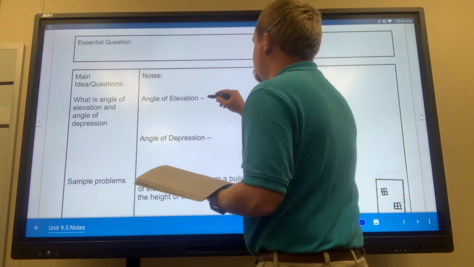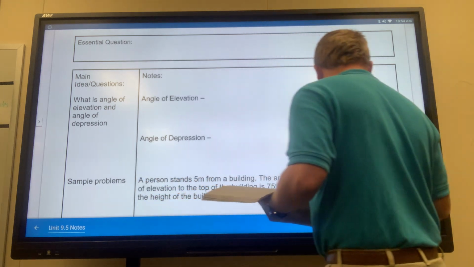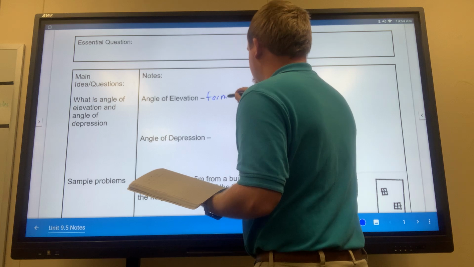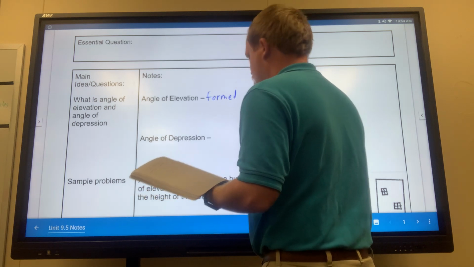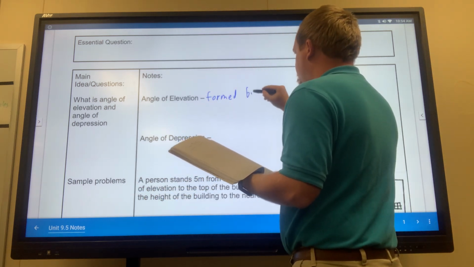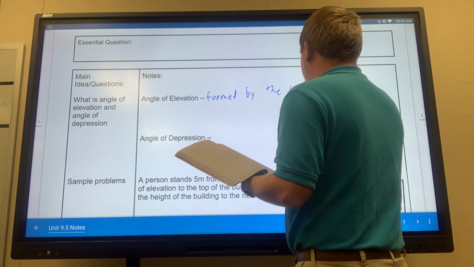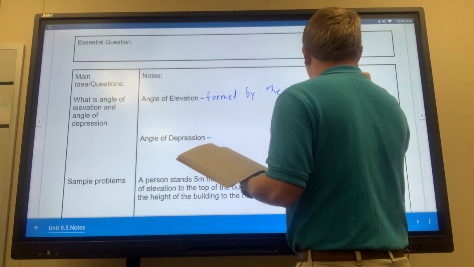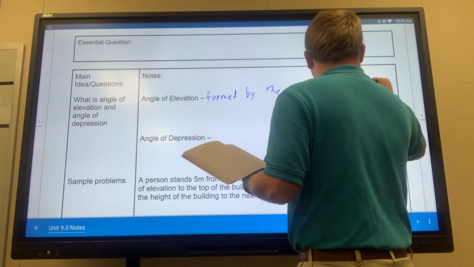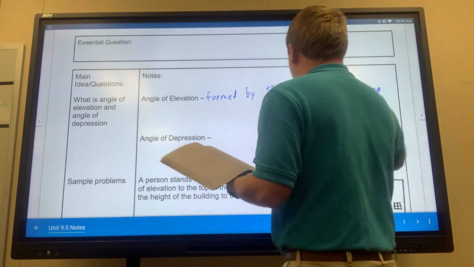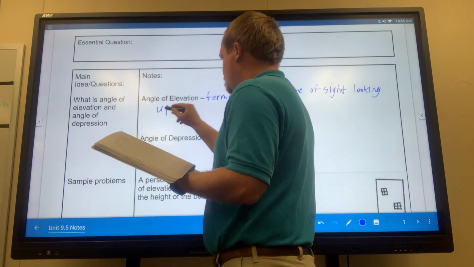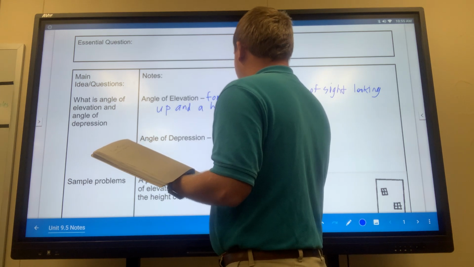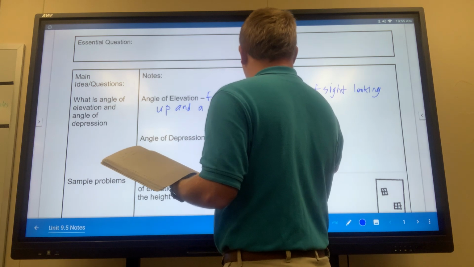Now, the angle of elevation is a pretty simple idea, okay? The angle of elevation is formed by the line of sight looking up and a horizontal line.